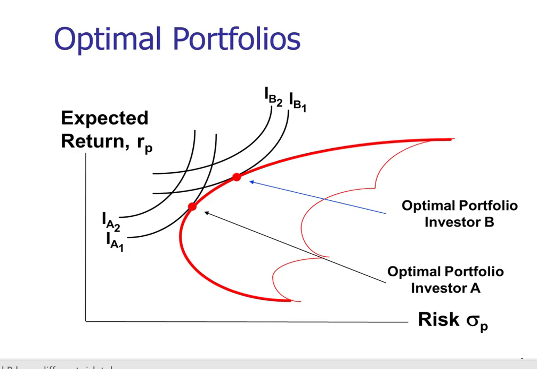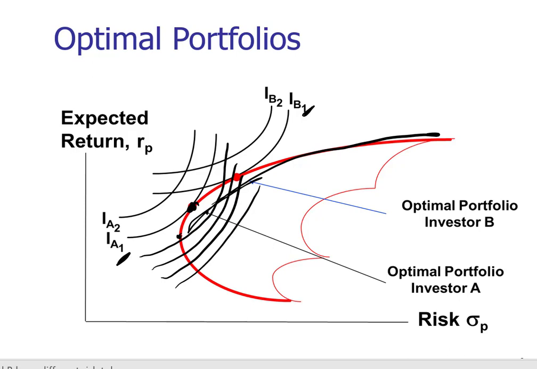So what does this picture look like? Here's our efficient set. We know that from here up and around, these are the only ones that are important. And we have two investors, investor A and investor B. Investor A is very conservative, very sensitive to risk. So they're going to want this portfolio here. Now, this is an entire plane of curves. You just have to find the one that's tangent here.